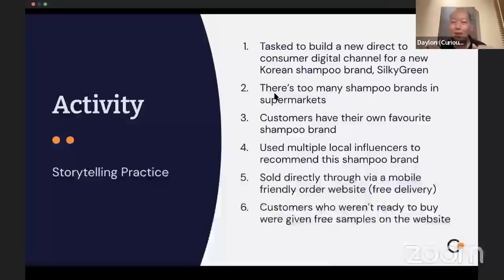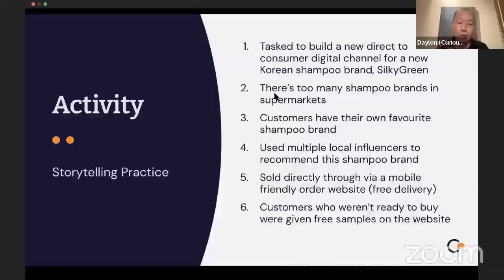Okay, so let's say I want to talk about a situation, and let's say I'm presenting this to my boss. Thank you for attending the presentation, right? So I want to share a little bit about the general situation. We're going to launch this Korean shampoo brand called Silky Green in a couple of months, right?